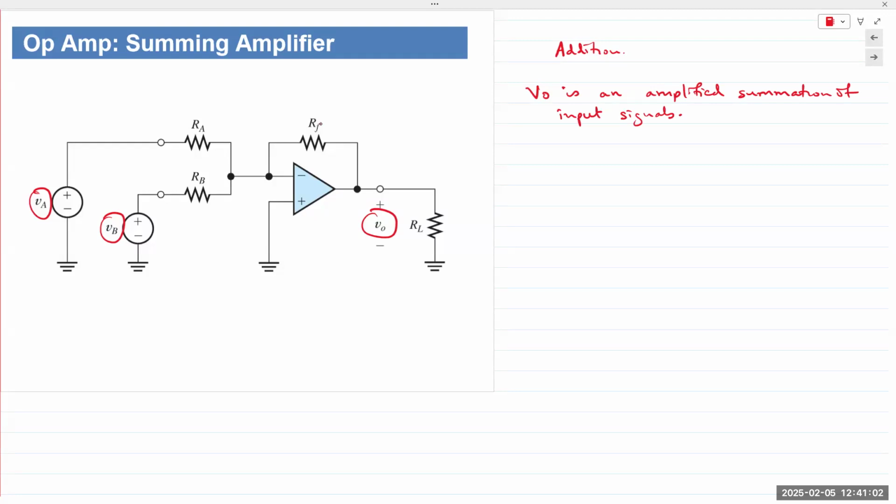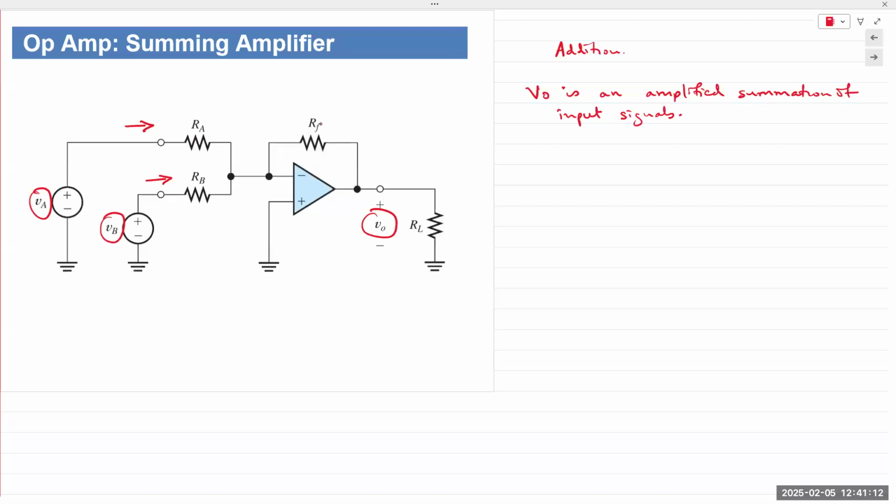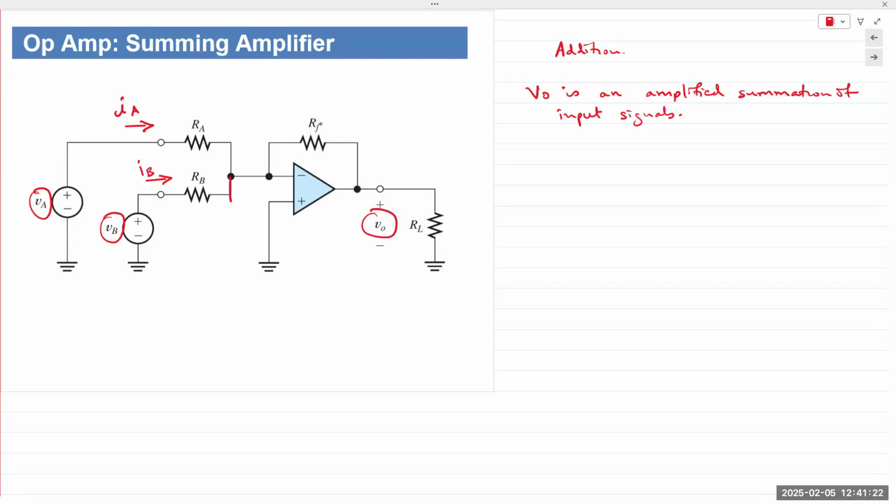The analysis is not too different from what we just did previously. If we have two inputs or three inputs or four inputs, each one of them has a current flowing through. So we have IA, IB. If we had a third one, let's say VC, we could have a third current IC. Once again, V plus is equal to 0.